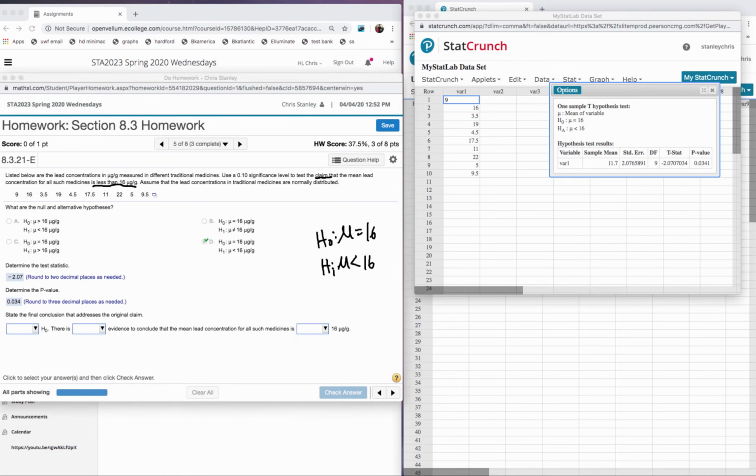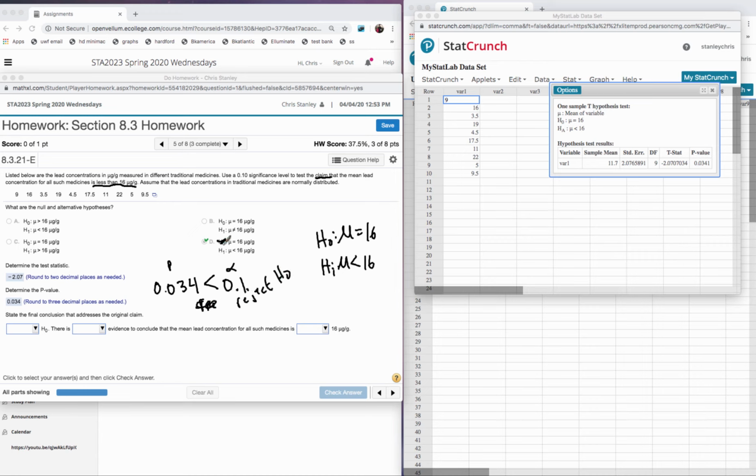Okay, so for this one, I'll just take a little more time with it. This is my p-value. And then my significance level is 0.1. So this is your p-value, that's your alpha. You have to compare your p-value to your alpha. If your p-value is less than alpha, we're going to reject H null.